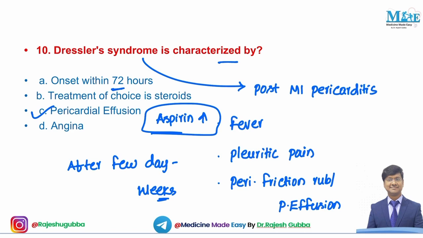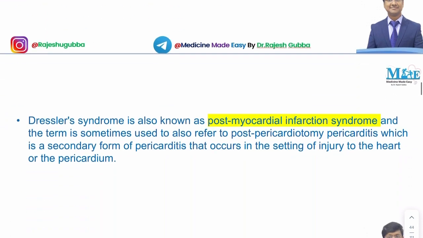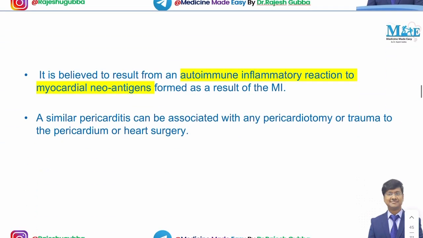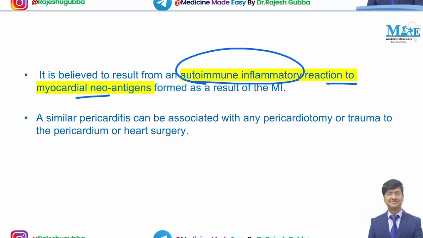Aspirin should be given in high dose, and if the pain does not subside, then you can give even colchicine. And angina will not be there. It will be like pleuritic type of chest pain. And what is the mechanism for the Dressler syndrome is, it is believed to be resulting from autoimmune inflammatory reaction to myocardial neoantigens which are formed as a result of the myocardial infarction. Okay, next question.